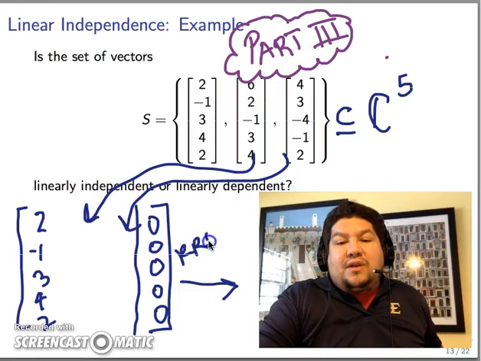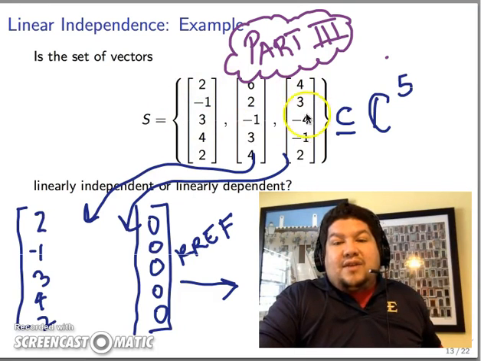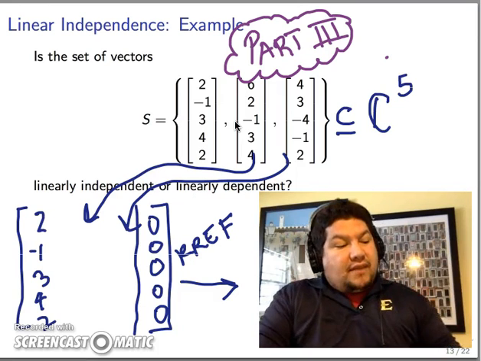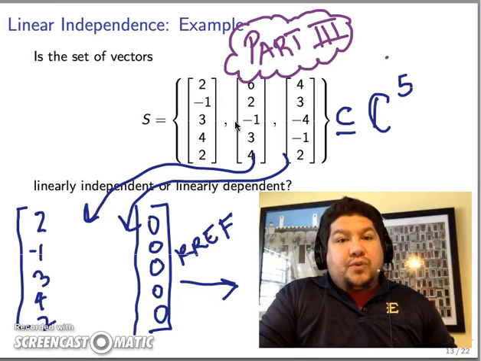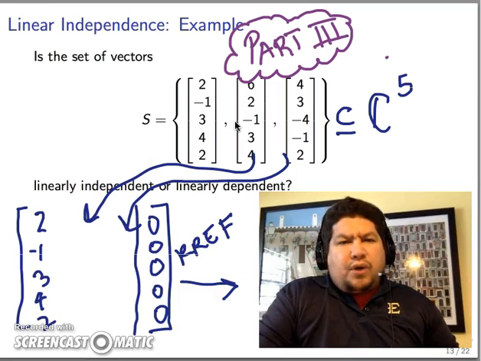Once you do that, you compute the reduced row echelon form to establish the solution set of the homogeneous system that has these columns as the columns of the coefficient matrix. That solution set will have either a unique solution, which will be trivial, or infinitely many solutions.